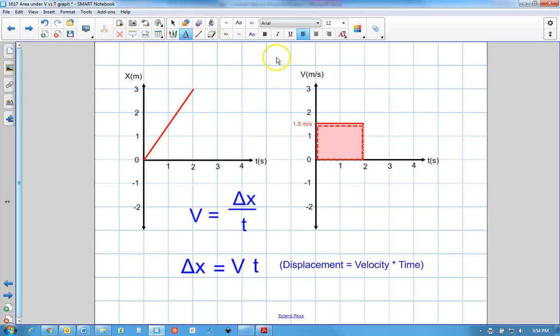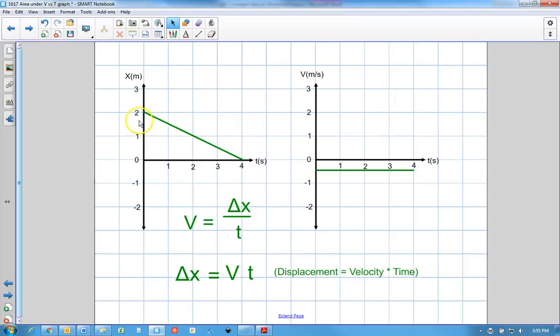And that is what you're going to need to learn for Worksheet 8, is the fact that the area is equal to the displacement. This has an area of 1.5 meters per second times 2 seconds, and it's got a displacement of 1.5 meters per second times 2 seconds. So the area underneath this graph is the same thing as displacement. This is a big idea.